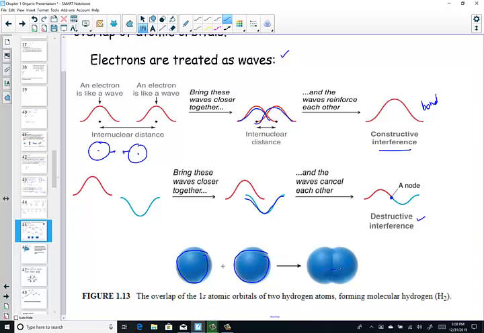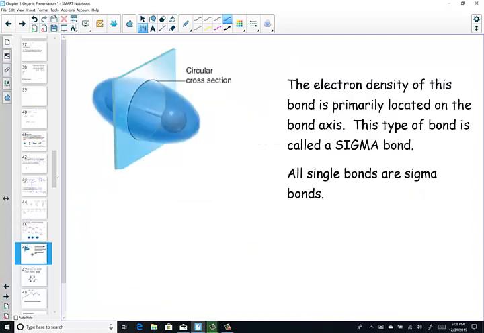An overlapping orbital, the valence bond theory. When those orbitals overlap, and the major part of the density is located on the bond axis, this is what we call a sigma bond.